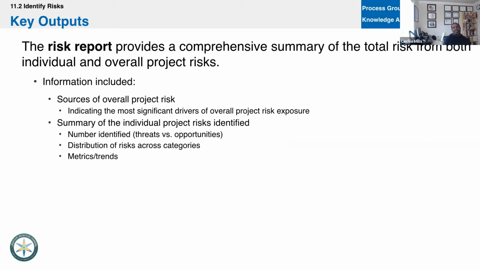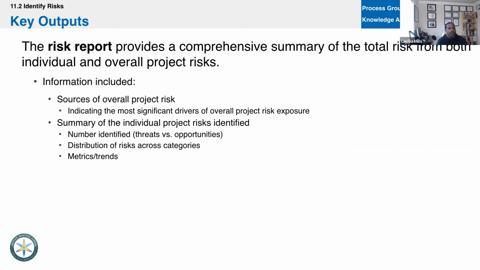We've identified these particular risks, and by the way, threats versus opportunities, right? Because risk can be positive. So you're going to identify both, and PMI is going to test you on opportunities, or positive risk, because we don't tend to think of risk as positive, but we're looking at that as well.